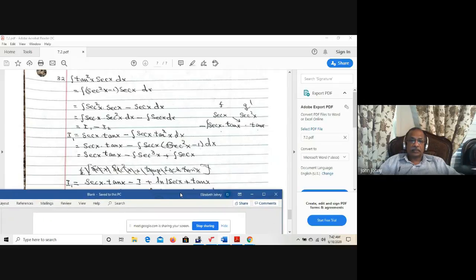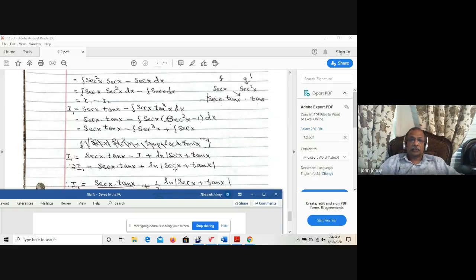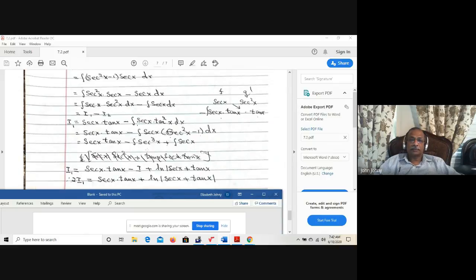So that is equal to secant x times tan x minus I1 plus the antiderivative of secant x, which is natural log of secant x plus tan x. And so move that I1 to the left side. This is not I, this is I1.